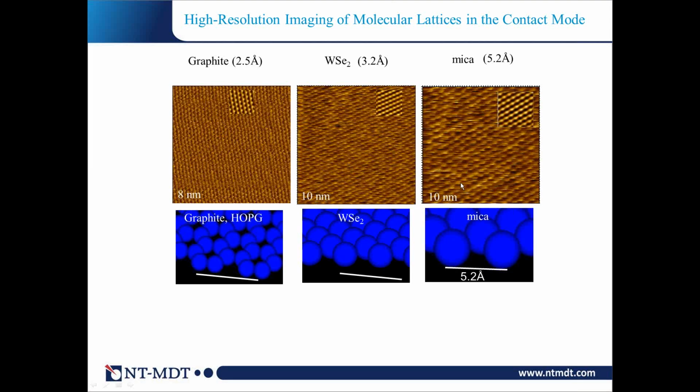The corrugation is smaller in graphite and larger in mica, and with all this corrugation at the atomic scale, you need a very good instrument with low noise and mechanical and vibrational stability to get this picture. But that is what people can generally get with many homemade and commercial instruments.